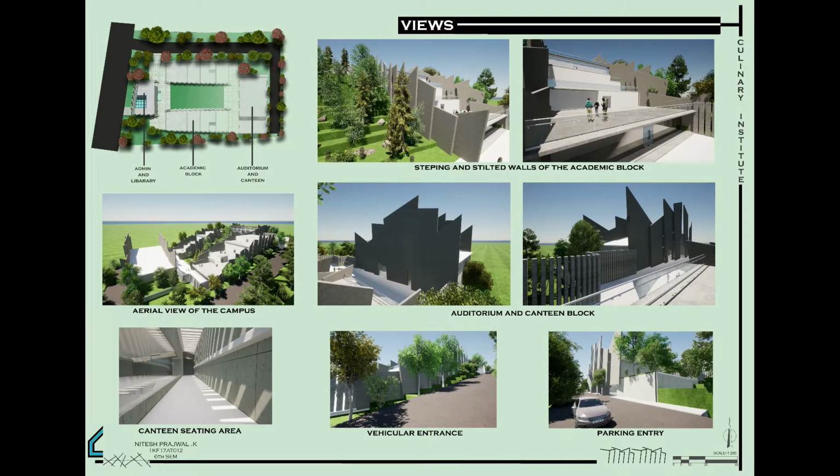Here, the stepping of academic block with tilted walls to the steeps, the auditorium block, the space between the auditorium and canteen which acts as a seating area, and vehicular entrance and parking.